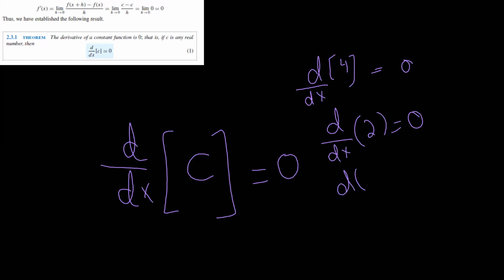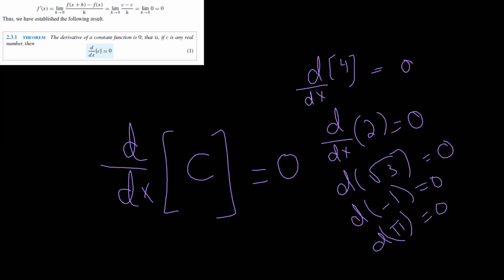The derivative of square root of 3 is 0. The derivative of -1 is 0. The derivative of pi is 0. The derivative of pi minus 2 is 0. Any constant, its derivative is 0. This is the first technique. The derivative of any constant is 0. I will stop here today.